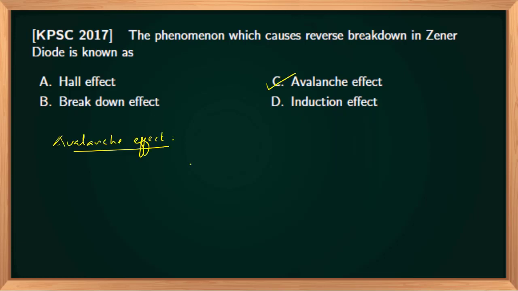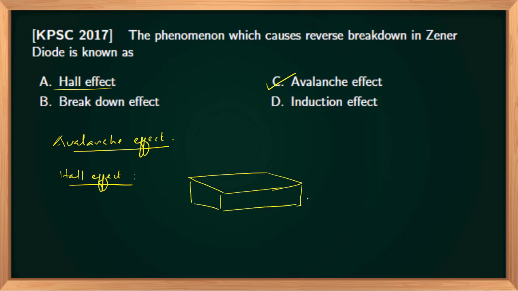Avalanche effect is the eruption of covalent bonds of the ions in the depletion region by the collision of high energy electrons to produce a number of free electrons and holes, and these free electrons and holes constitute a large current through the diode.